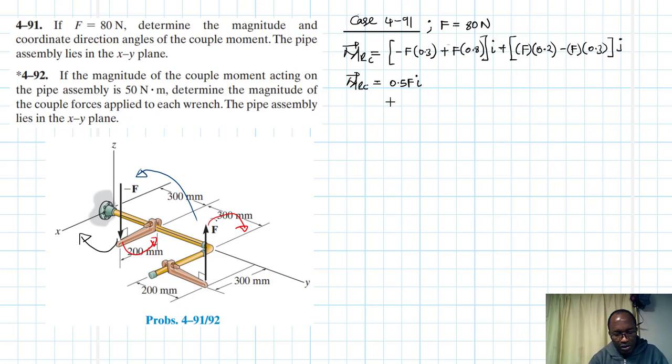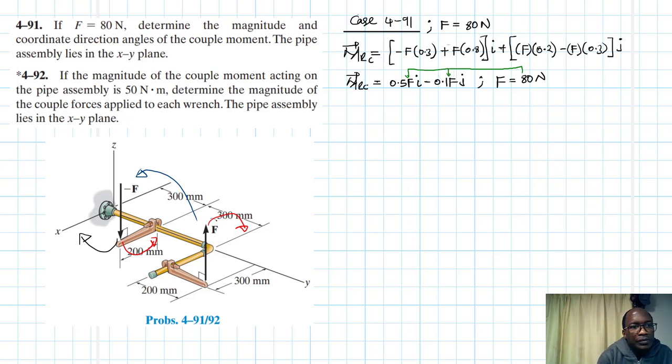Then the other one is 0.2, of course, minus 0.3, which is just negative 0.1 F j. Given that F is equal to 80 newtons, we feed this F there.